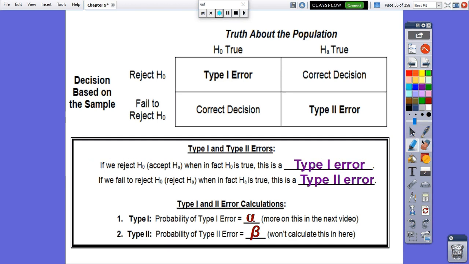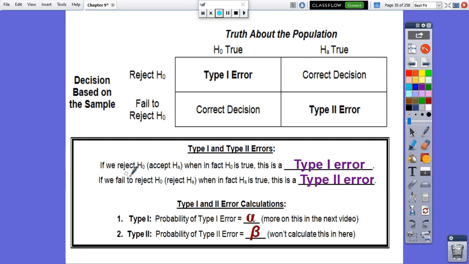error. And so here's how I try to keep it organized in my mind. In a significance test, my goal is to try to reject the null hypothesis. I need to try to get enough evidence for me to reject the null hypothesis. And so if I just think in the back of my mind that my first goal of a significance test is to try to reject the null hypothesis, then I relate that to a type 1 error.